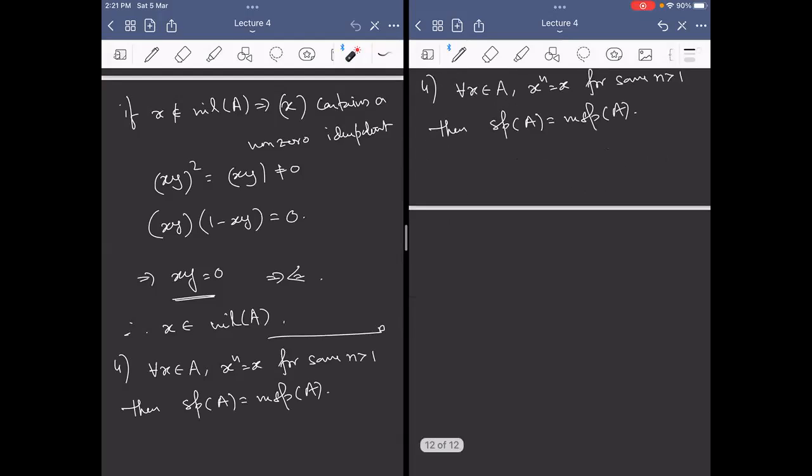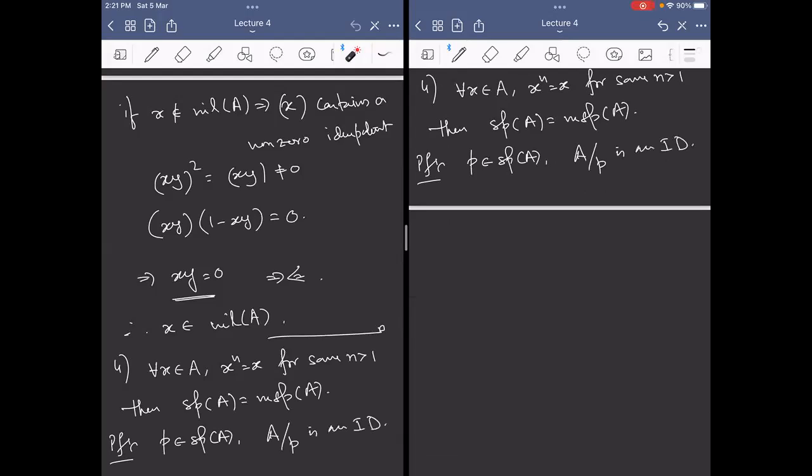So let's see how to prove it. Suppose P is a prime ideal, then what we know? We know that A mod P is an integral domain. So I need to prove that A mod P is a field. So take some x from A mod P, x non-zero, means x bar non-zero. That means x is not in P. Okay.